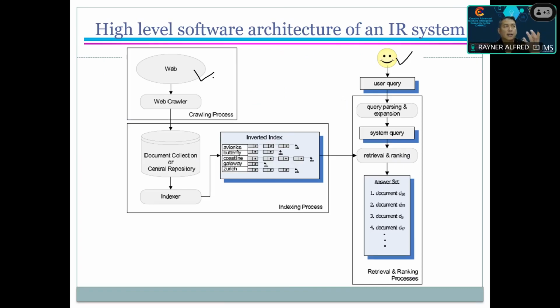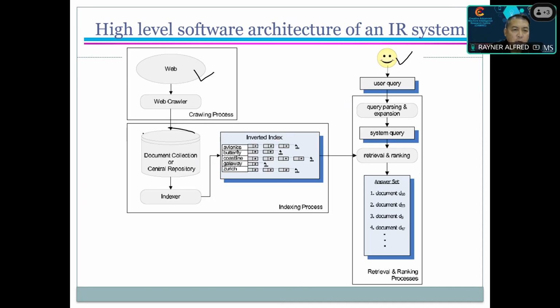A crawler's task is to get or extract all the documents. Each document on the web may have links to another document, so once they extract all the documents, they will crawl again for all the links, until there are no more links to other documents, and then they will stop.